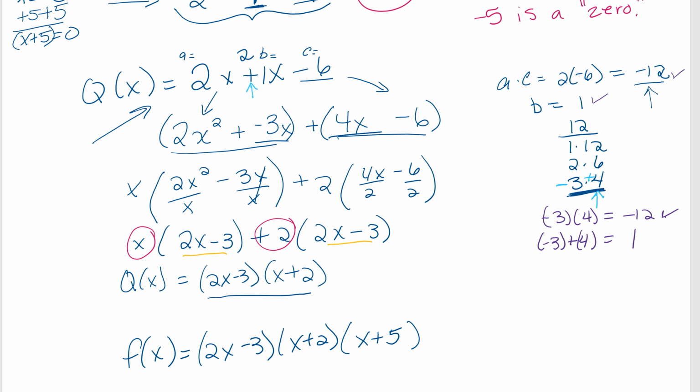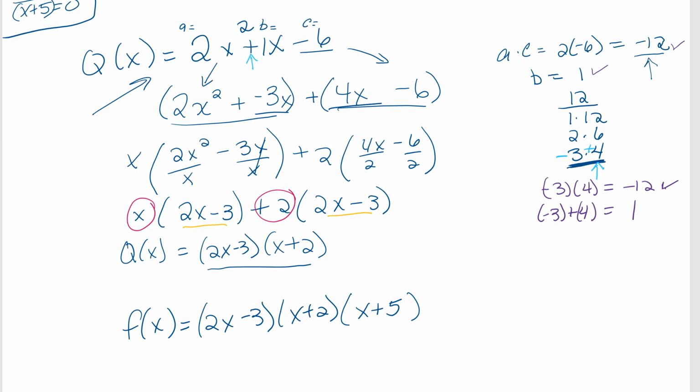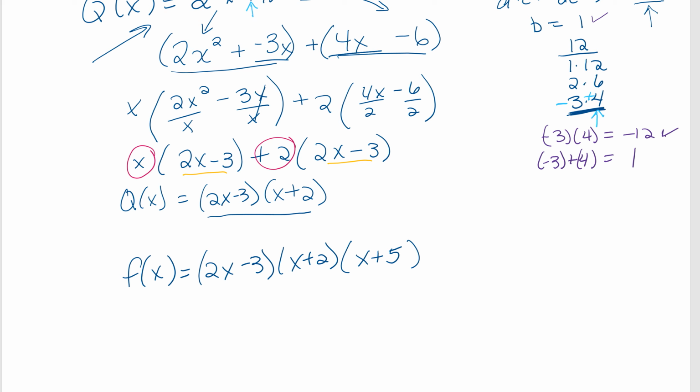The other one comes from the number that you got a 0 remainder. And you have to basically change the sign when you put it back with the factor, and that's because of this concept right there. All right, so let me scroll up and you can see that one more time. 2x minus 3, x plus 2, and x plus 5. So that is our factored form of the function.